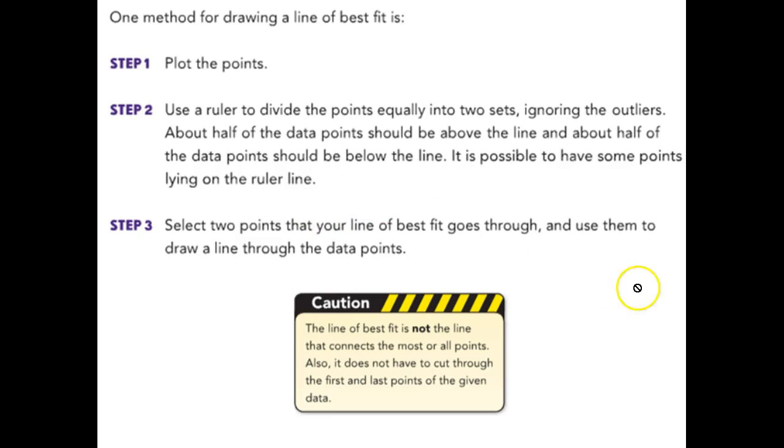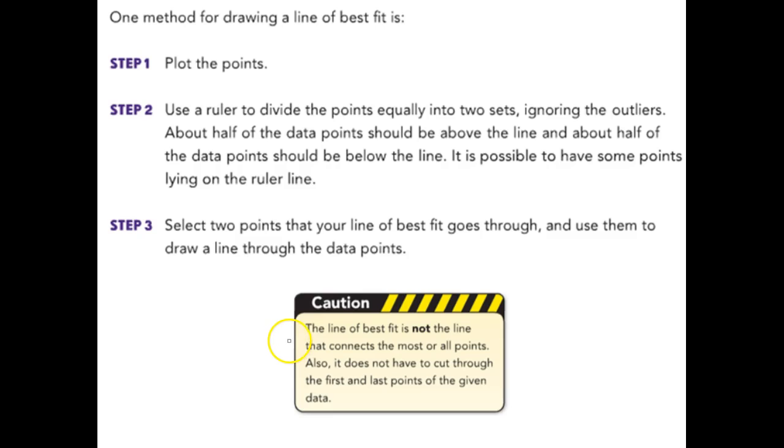Step 3, select 2 points on your line that the line goes through, and use them to draw a line through the data. I try to pick a point near the bottom and a point near the top and draw the line that cuts through it.